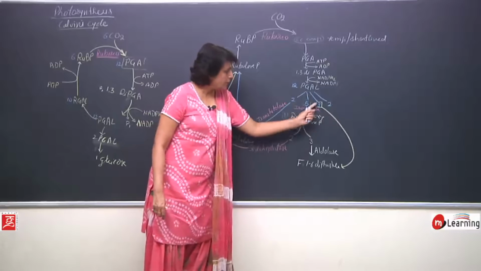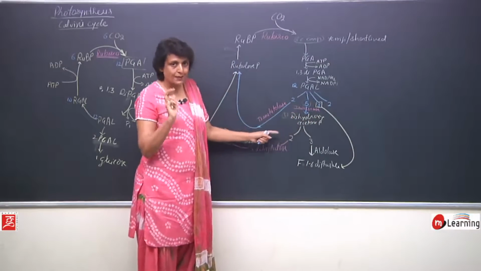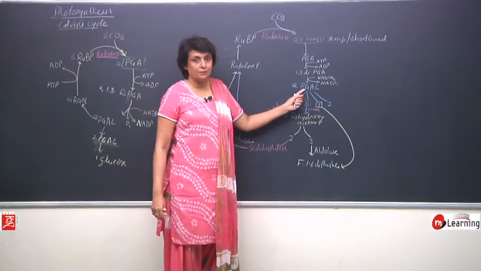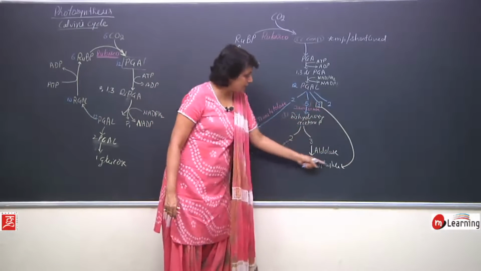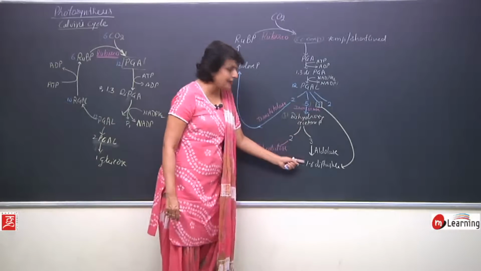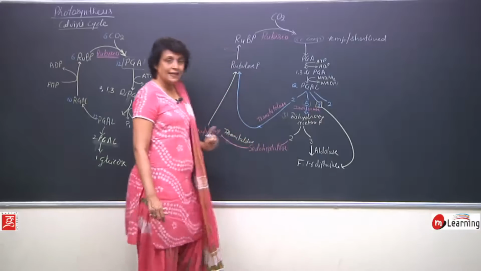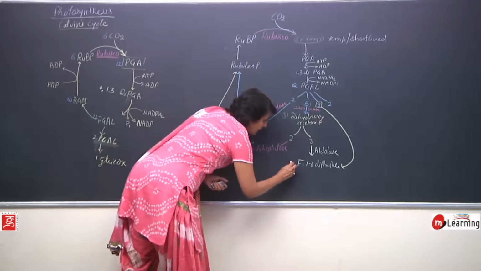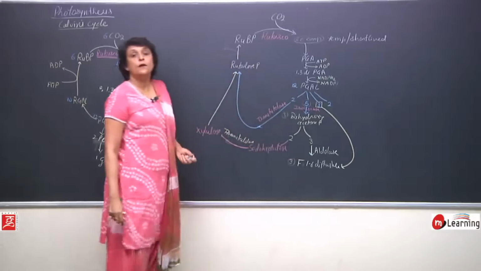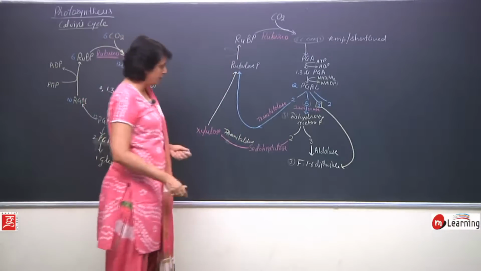So 3 from here and 3 from here. If we keep track of the carbon numbers, these 3 molecules are 3 carbon compounds, so 9 carbons come from here, and the same 3 molecules with 3 carbons, 9, come from here. So 9 and 9, 18. So 18 are here. Now 3 molecules are formed. Fructose is a 6 carbon compound, so 6 and 6, 3 molecules.